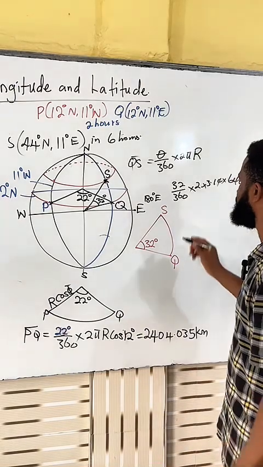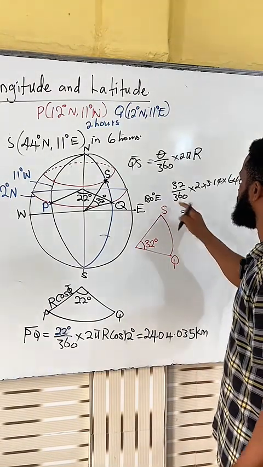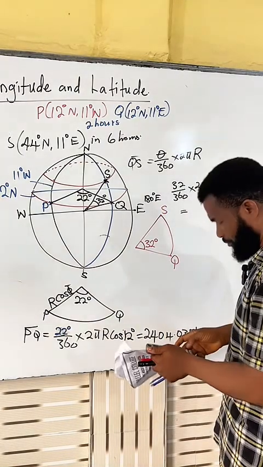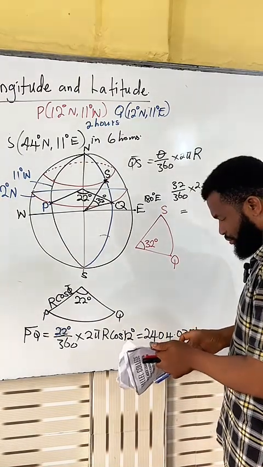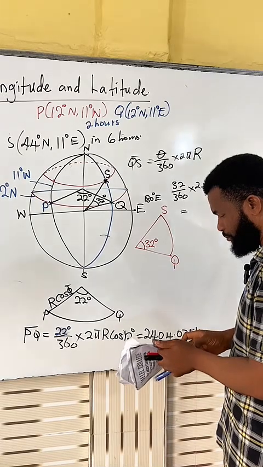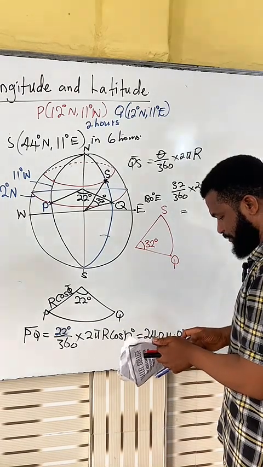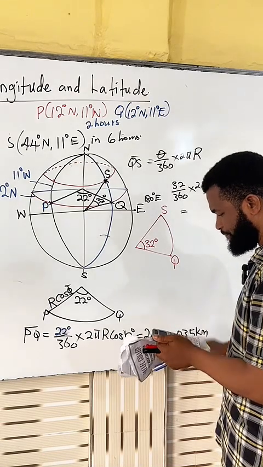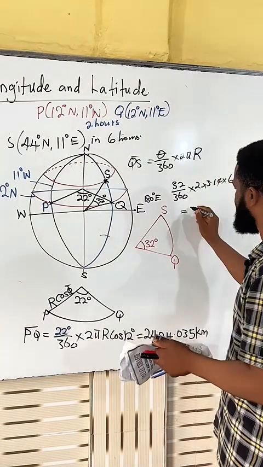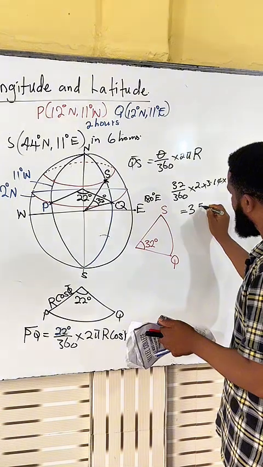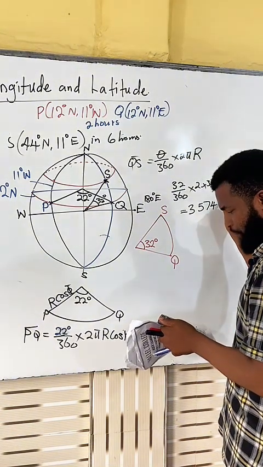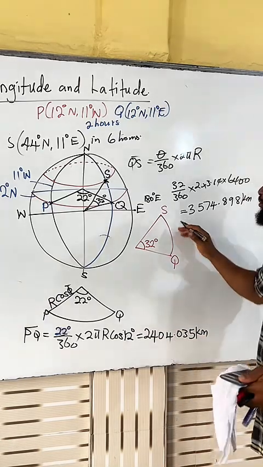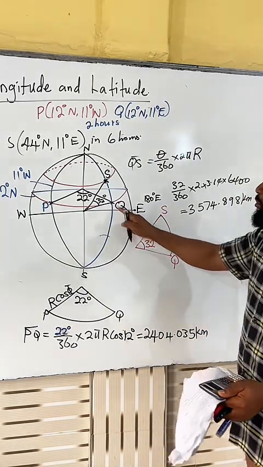The next thing is to say this is equal to 32 times 2 times 3.142 times 6400 divided by 360. Let me just punch it in my calculator. So I have 3574.898 kilometers. All right, so this is the value for Q to S.